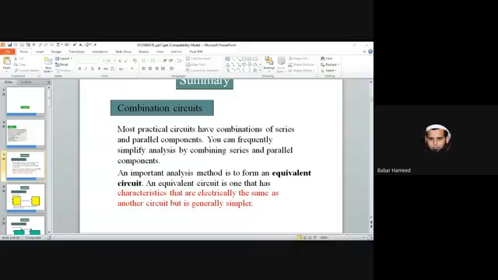Yes. The first topic is identifying series parallel relationships. A series parallel circuit consists of a combination of both series and parallel current paths. It is important to be able to identify how the components in a circuit are arranged in terms of their series and parallel relationships.